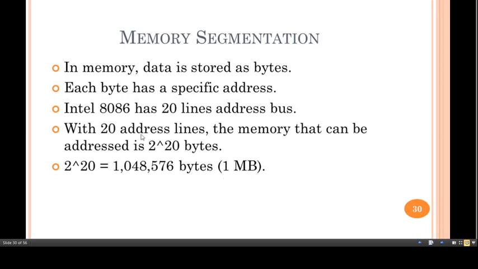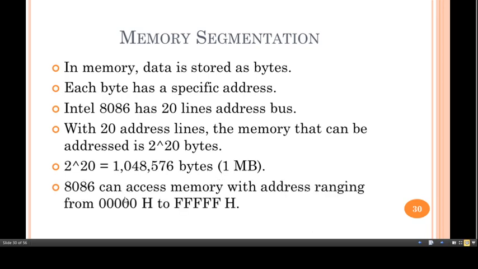That means with these 20 address lines we can address up to 1 MB of memory locations. The 8086 can access memory with an address range from 00000H to FFFFFH. This whole memory is equal to 1 MB, and it is addressed with the 20 address lines available in the 8086 processor.